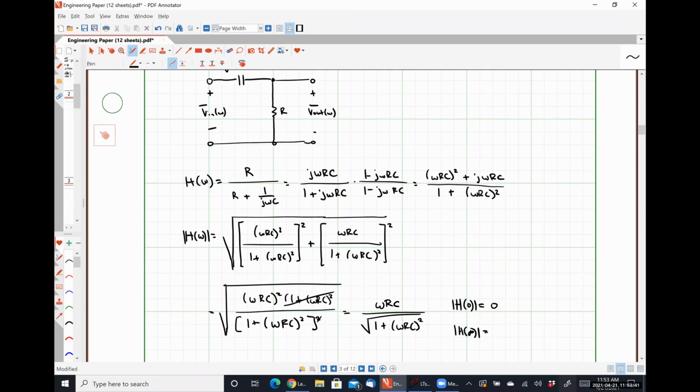When omega is equal to infinity, or for very high frequencies, what's happening here? Yeah, so a 1. So we see that this guy rejects low frequencies, passes high frequencies, so this must be a high pass filter. Absolutely right. Okay.